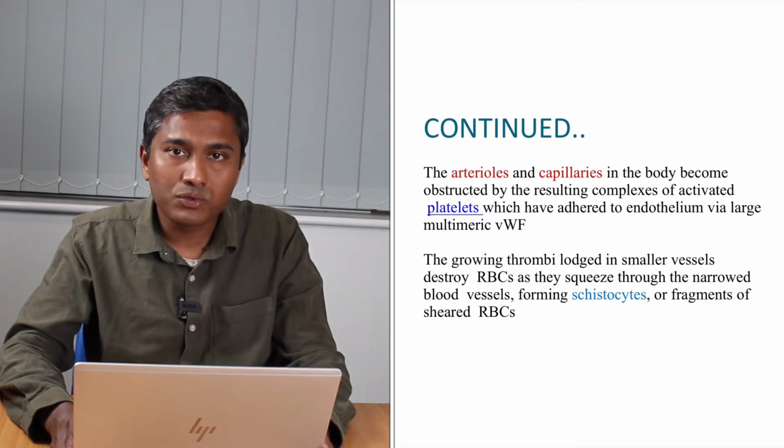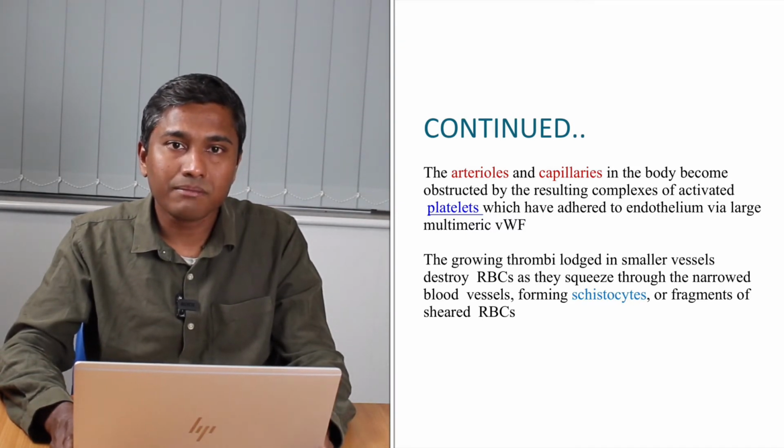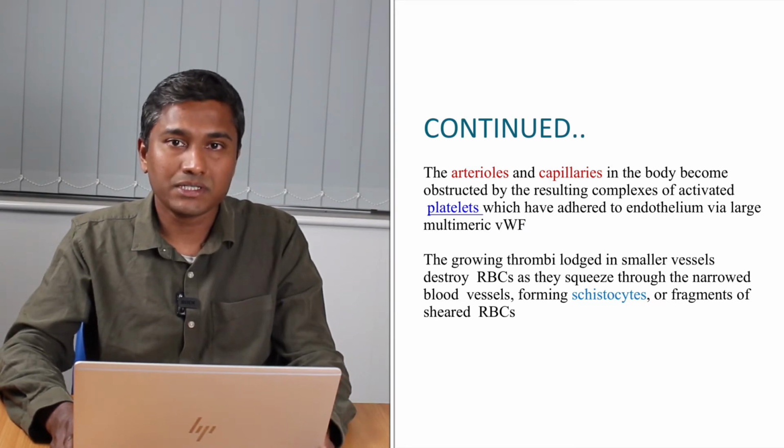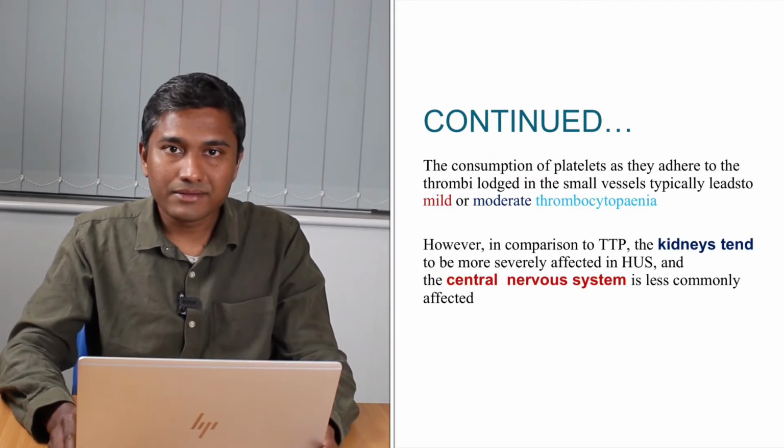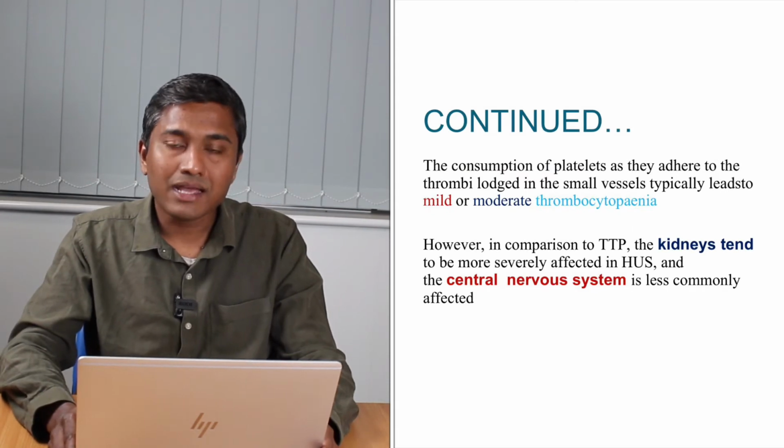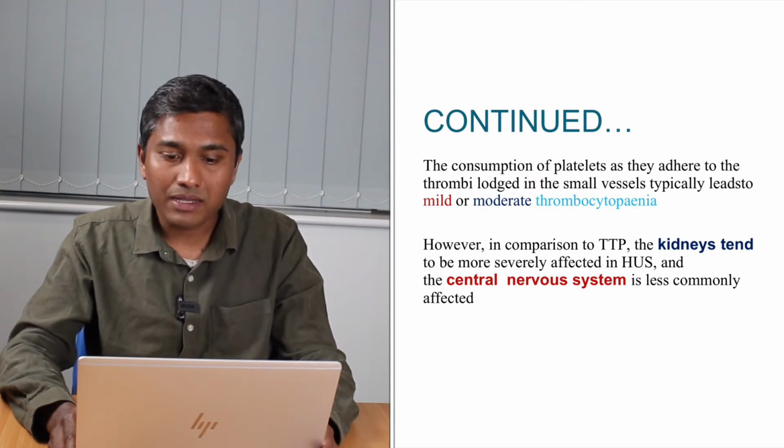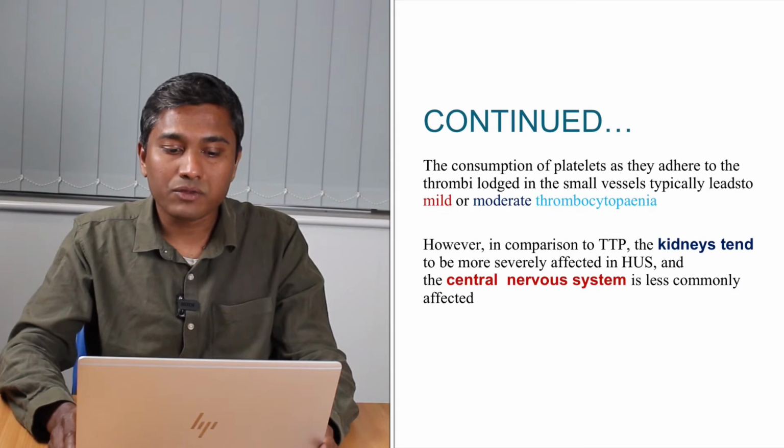When blood flows through these obstructed small capillaries, it leads to destruction of RBCs, which forms schistocytes and causes hemolytic anemia, which is Coombs negative. The consumption of platelets as they adhere to the microthrombi leads to thrombocytopenia.